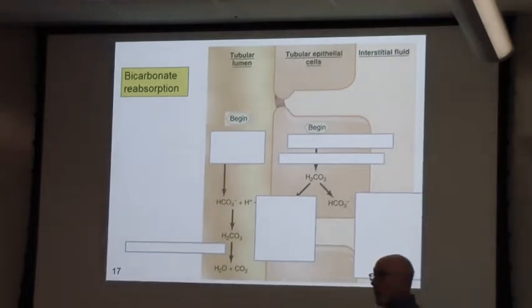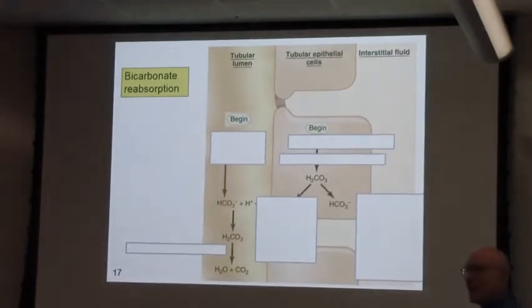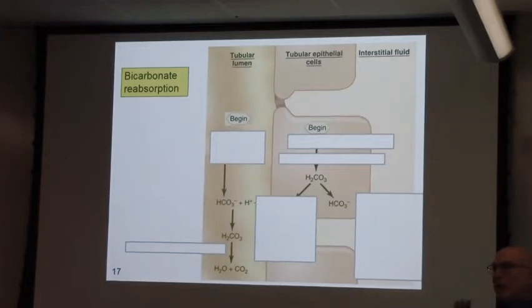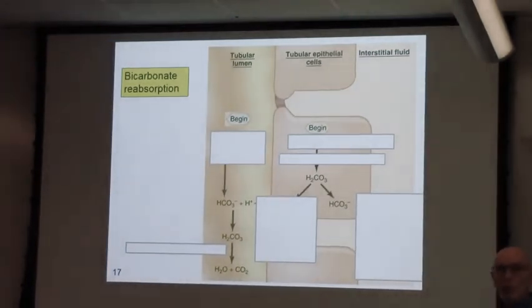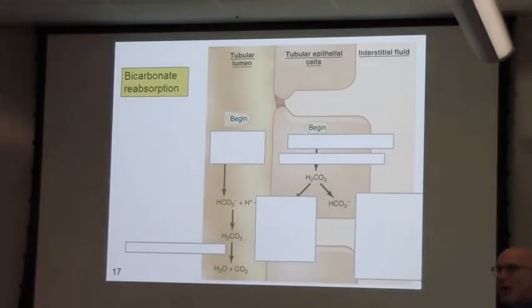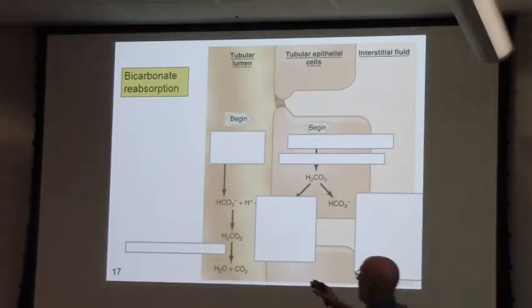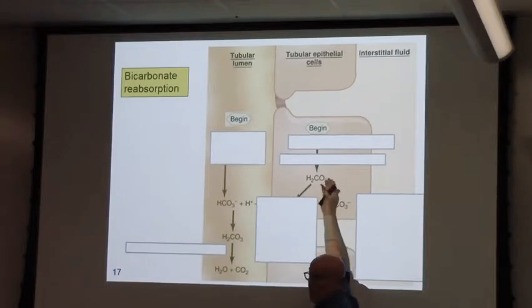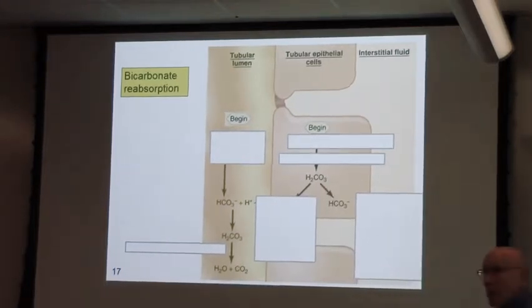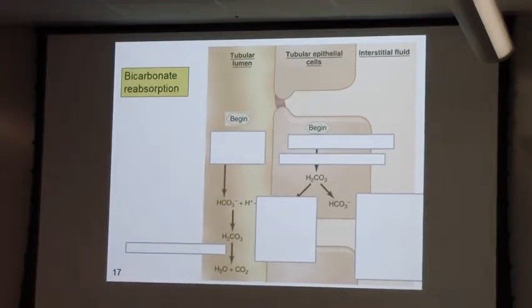Two forms of carbonic anhydrase. And I think in the carbonic anhydrase question, I might have asked you to indicate that you knew that, and that by inhibiting carbonic anhydrase, we're inhibiting it here and here, with things like Diamox or carbonic anhydrase inhibitors.